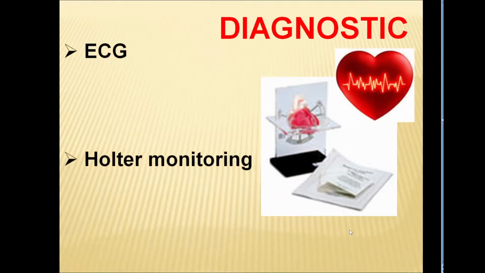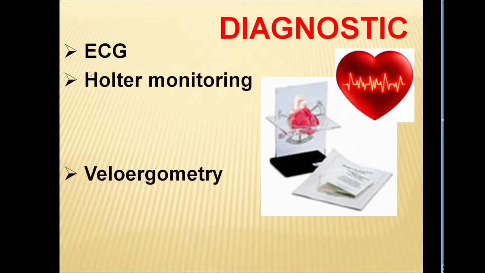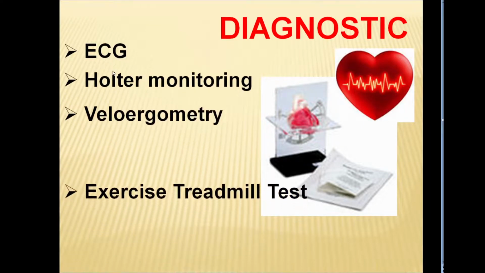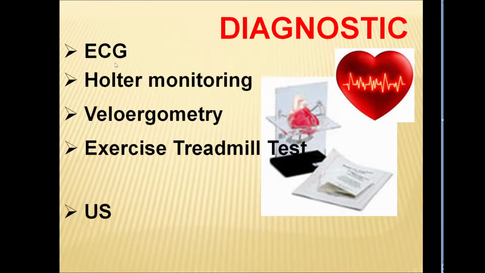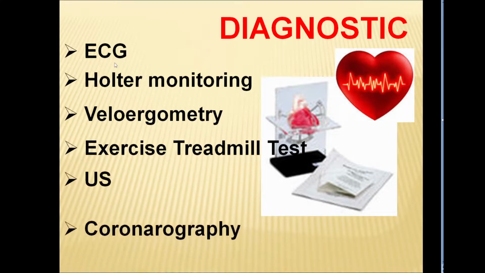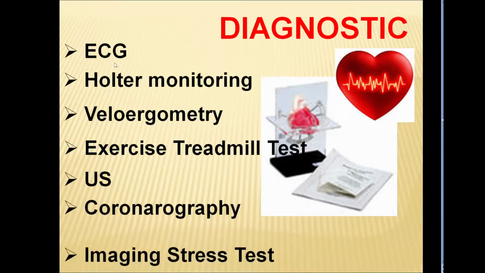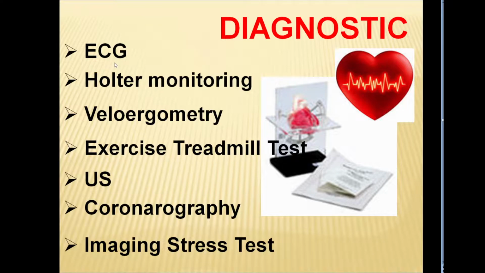For the diagnosis, we use ECG, but it has high diagnostic value only during attacks of pain. If the patient comes to you in the subjectively healthy period, no problems. To reveal angina pectoris, we use Holter monitoring, when we examine heart activity during 1, sometimes 2-3 days.